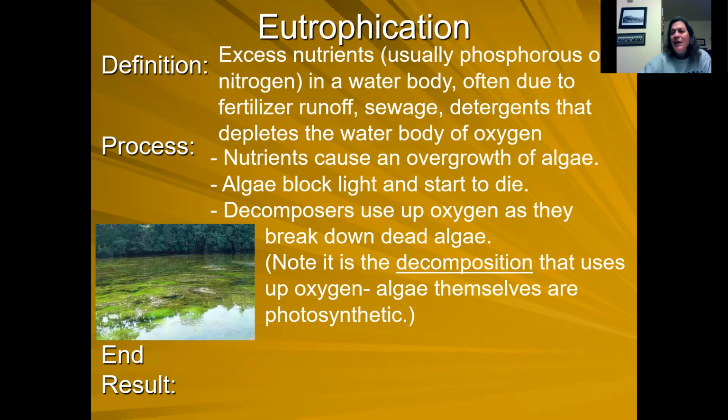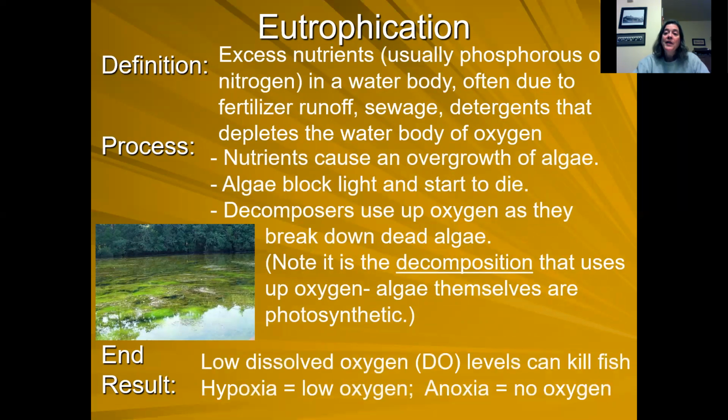Now you might think that might be good for life because algae produce a lot of oxygen, but it turns out that there's so much algae produced that the decomposers then go crazy and start breaking down all that dead algae. Decomposers consume oxygen, so that process is what actually depletes the oxygen in the water body.